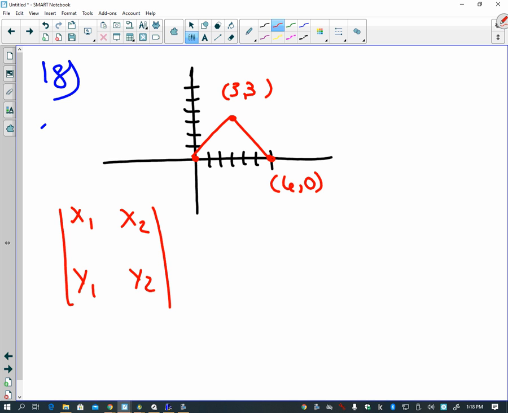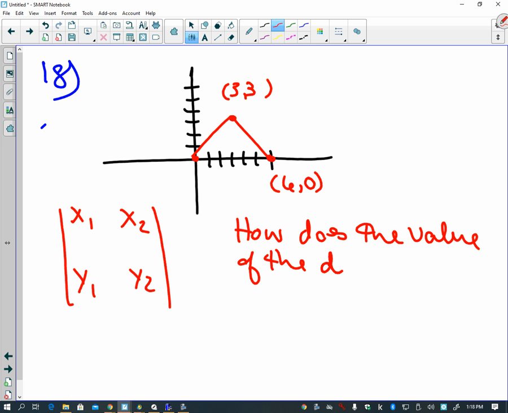What we want to know is how does the value of the determinant relate to the area of the triangle?